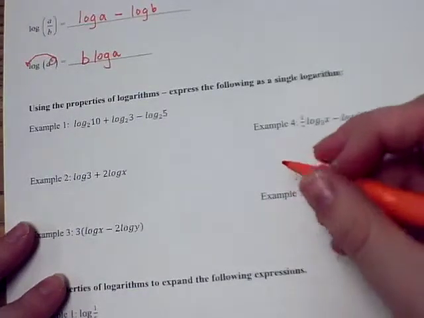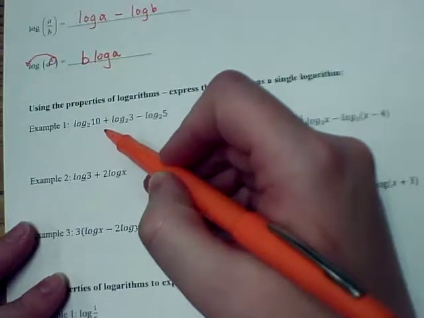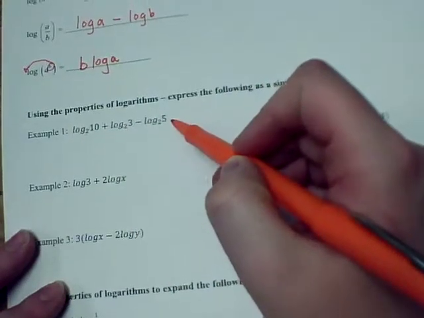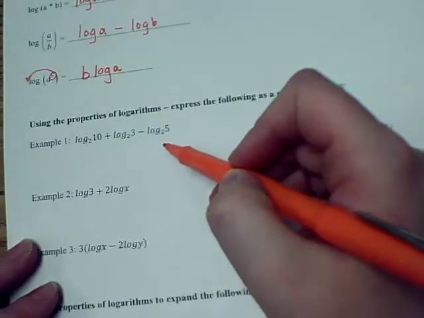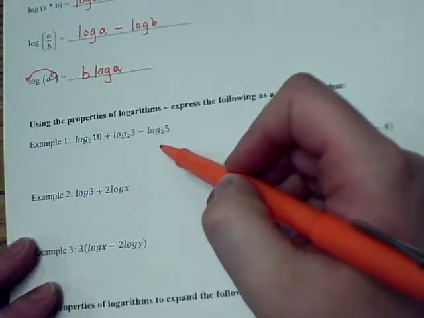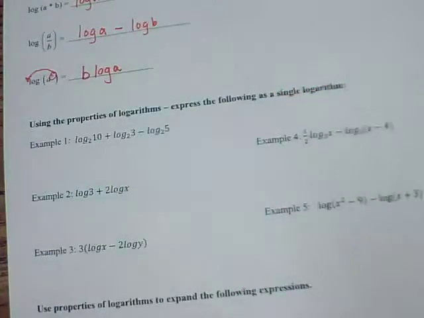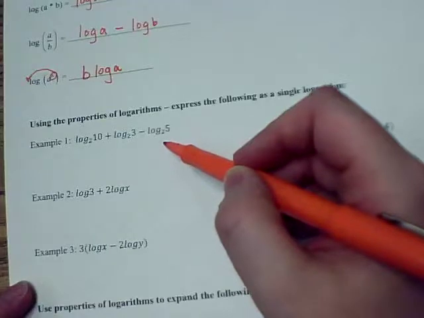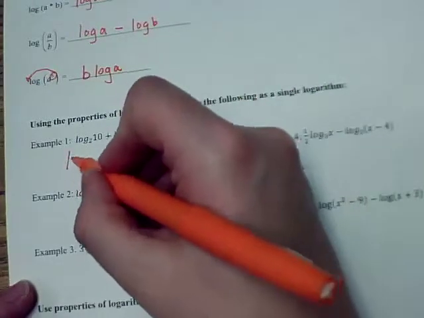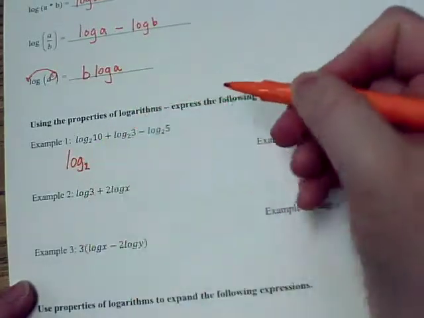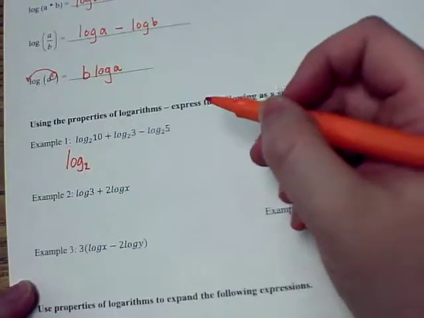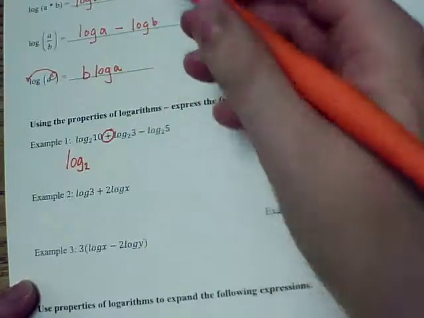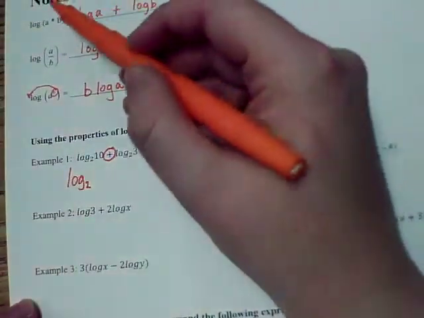So I have log base 2 of 10, plus log base 2 of 3, minus log base 2 of 5. So I'm going to condense this to be a single logarithm. So my final answer should only have one log. In order for this to work, they all have to have the same base. So here they all have the same base, 2. Now I'm going to rewrite this as log base 2, so I will only have one of those. And then I'm going to look at the operations. So the plus, if we look up above, means multiply.